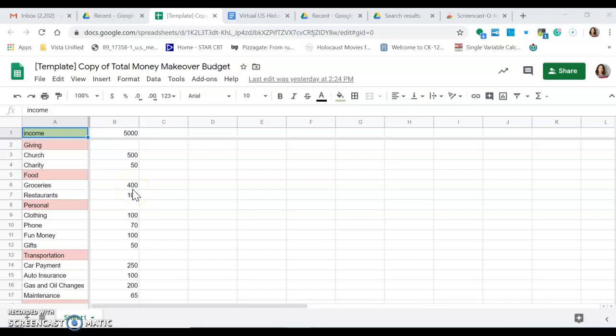So this person has all these different expenses: church, charity, groceries, all these different things. Some people were confused about these red parts. These are just categories, so you don't need to put a number for that. You can total these two and put it there if you want, but it makes it a little confusing.